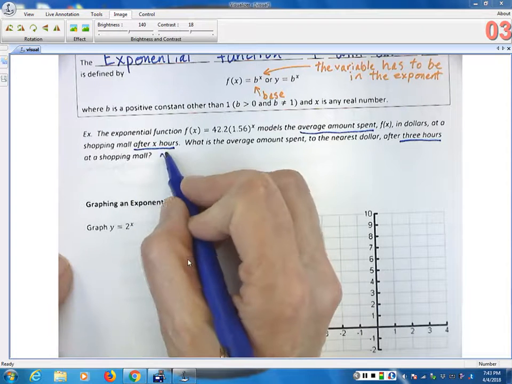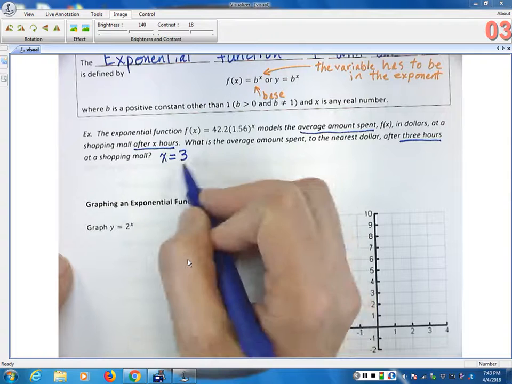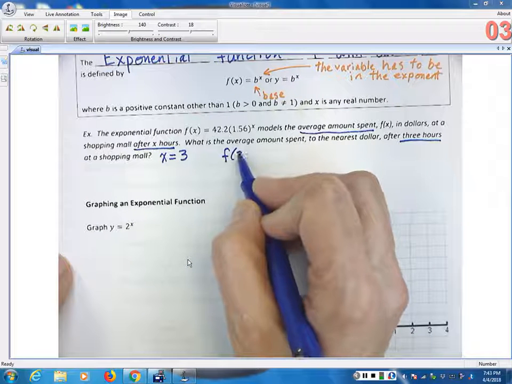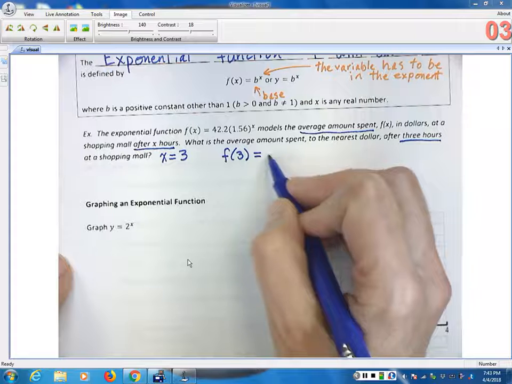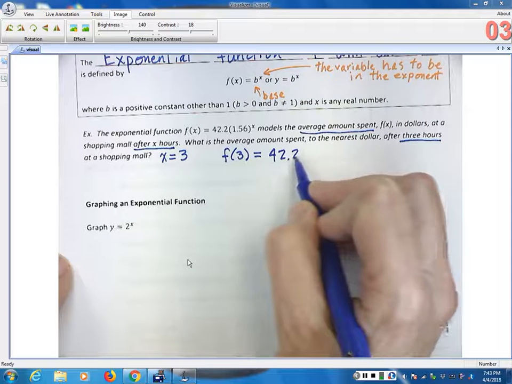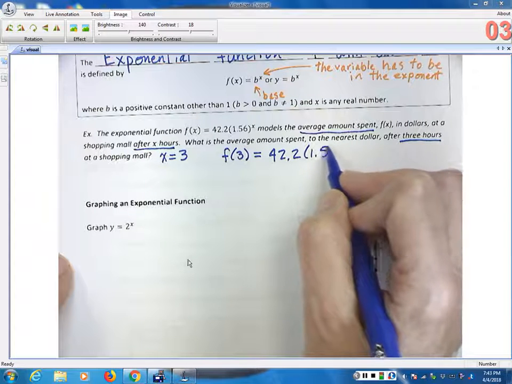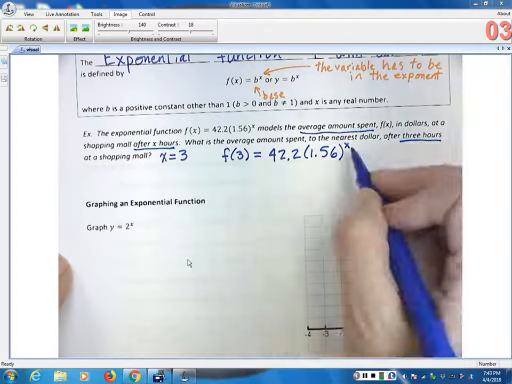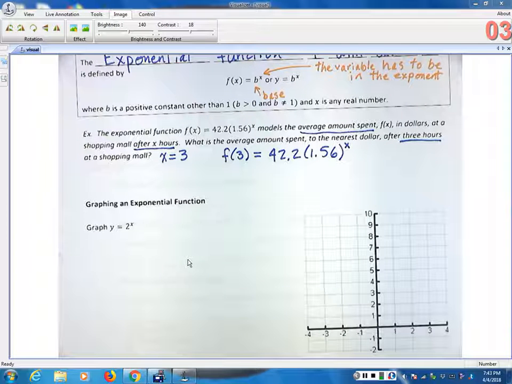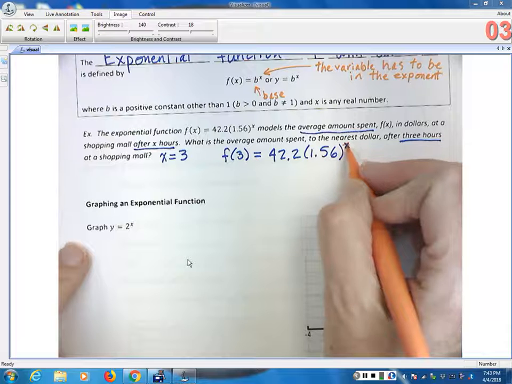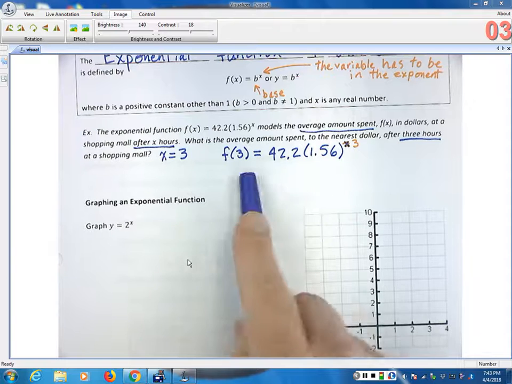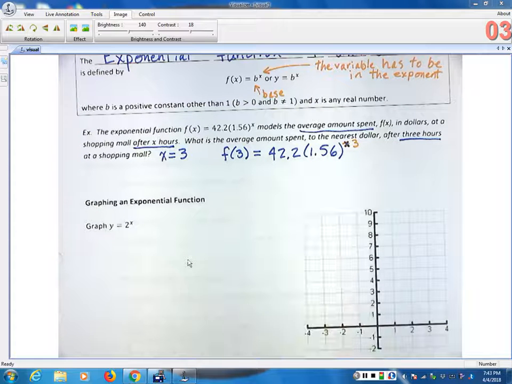So our x is 3 hours, and we're looking for f of 3. And that's 42.2 times 1.56 raised to the x power. Oh, we got to replace that with 3, right? We had to put a 3 in there because we're doing f of 3. We replace x with 3.